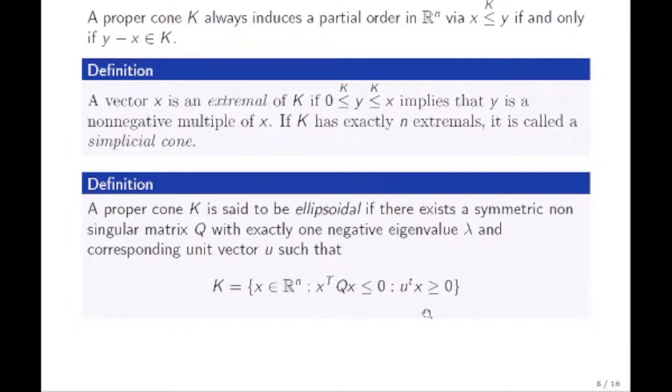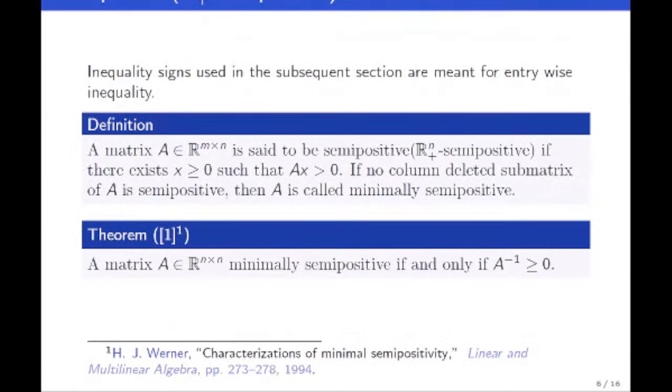Next, we discuss Rn plus semi-positive matrices, simply known as semi-positive matrices. Okay. Any matrix A is said to be semi-positive if there exists a non-negative vector x such that Ax is positive. That is, a matrix is said to be semi-positive if there exists a vector x in the non-negative orthant Rn plus such that Ax is in the interior of Rn plus.